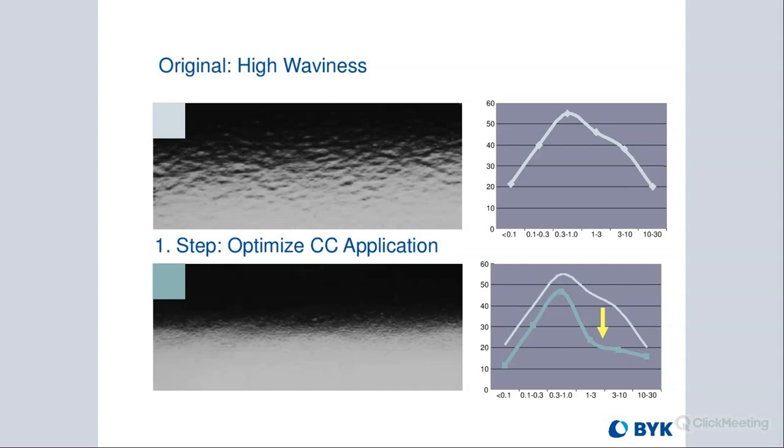If we optimize the clear coat, we can decrease the long wave, which would be the WC and WD. That's influenced mostly by the clear coat. But now we have still all this other structure that we didn't address that's coming from potentially something underneath the clear coat, base coat, or primer application.